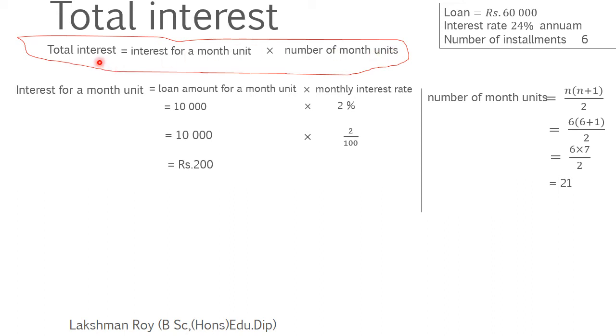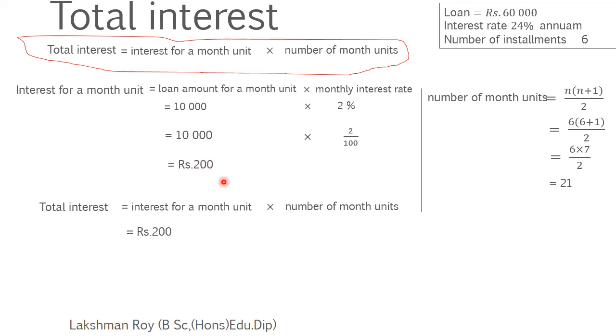Now you can go to find the total interest, right? So again I'll explain. Total interest is the interest for a month unit multiplied by the number of month units, right? So what is the interest for a month unit? Here it is 200 rupees, right?